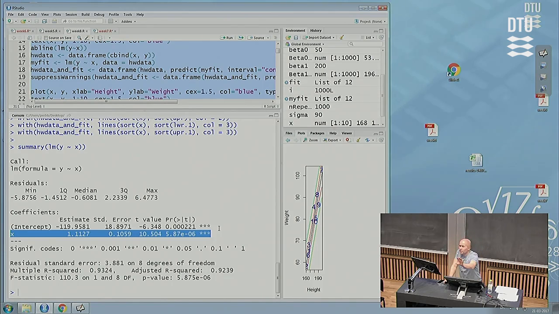Testing whether the slope could be 0 makes some kind of sense, because that's the null hypothesis of no relation between x and y, right? Is there a relation statistically between our x and y? Well, I make the hypothesis there is no relation, 0 slope. Can I reject that hypothesis?